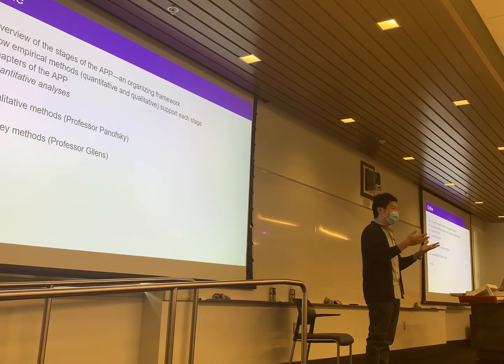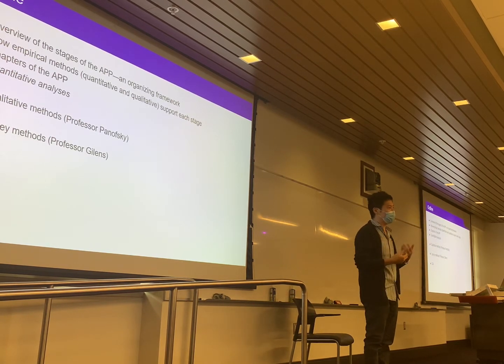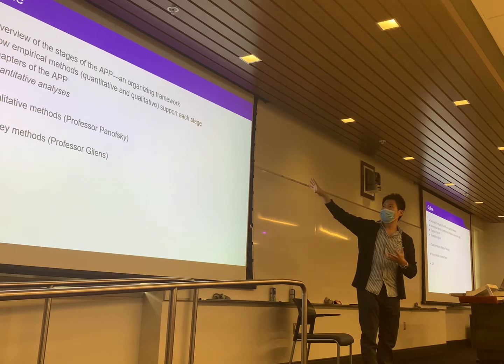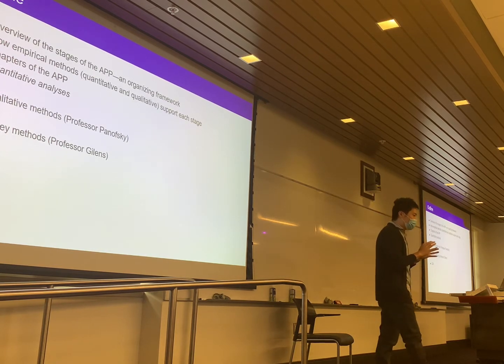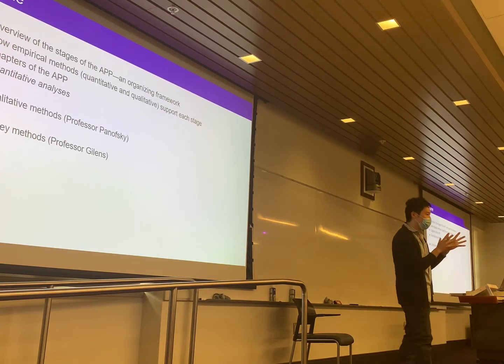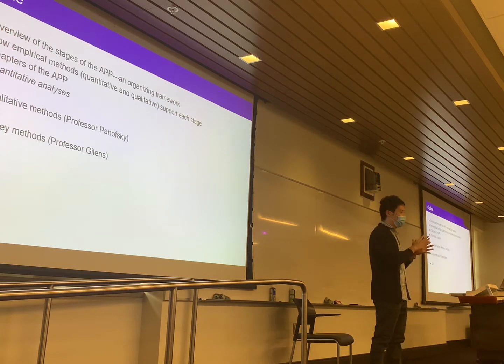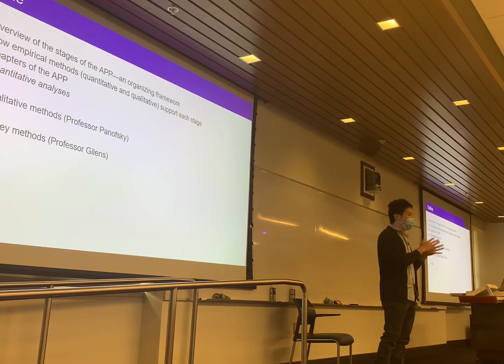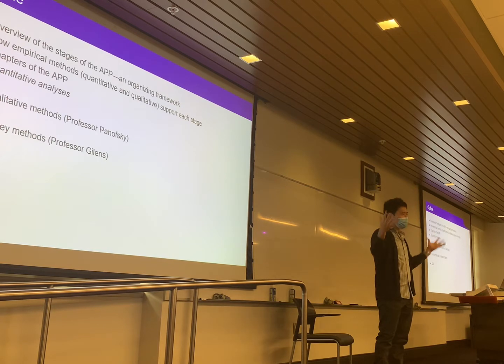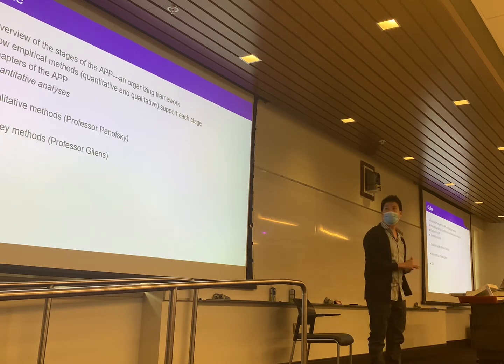Because right now you're thinking, oh, policy analysis, what does that mean? There are actually different components of that. Where would you use quantitative methods? What type? Where would you use survey data? We're going to give you a description of where those things appear throughout the APP and for what purposes. And they fit in a pretty general, logical framework.